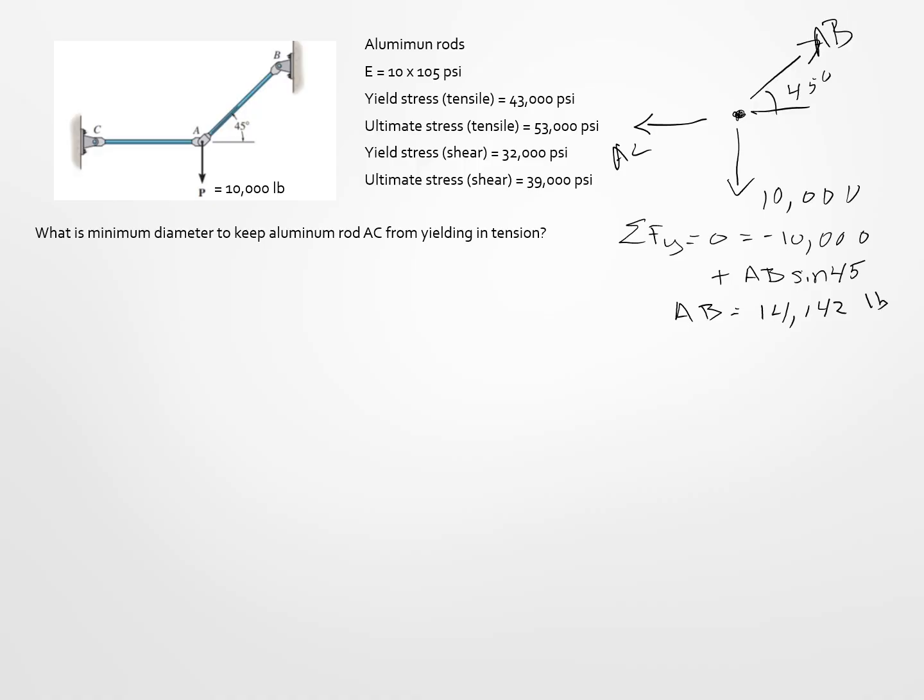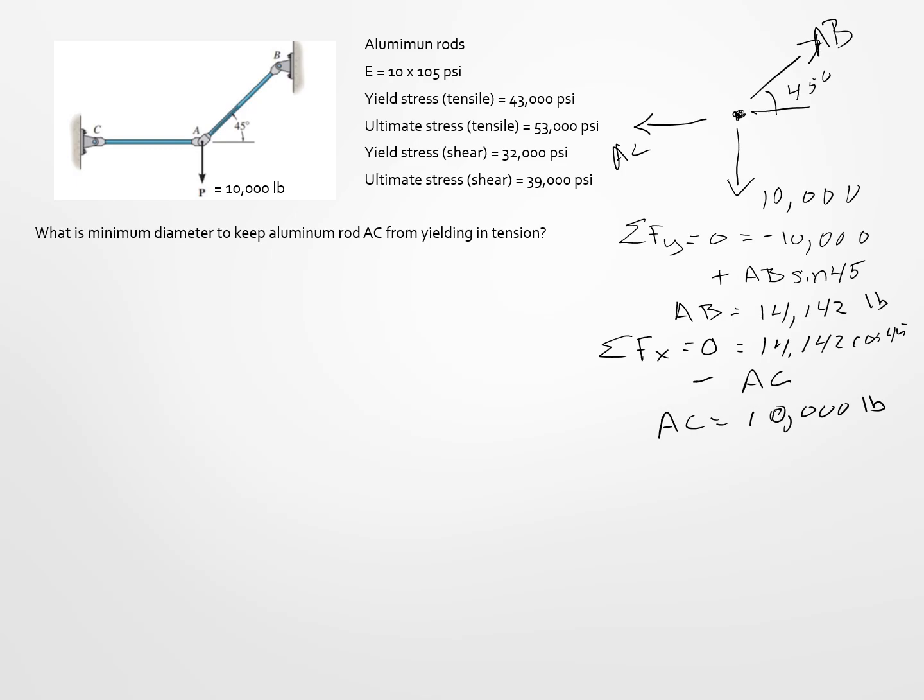Once I know that, I can do the sum of the forces in the x direction. So I would have 14142 cosine of 45 minus AC is equal to 0, and so AC is equal to 10,000 pounds.